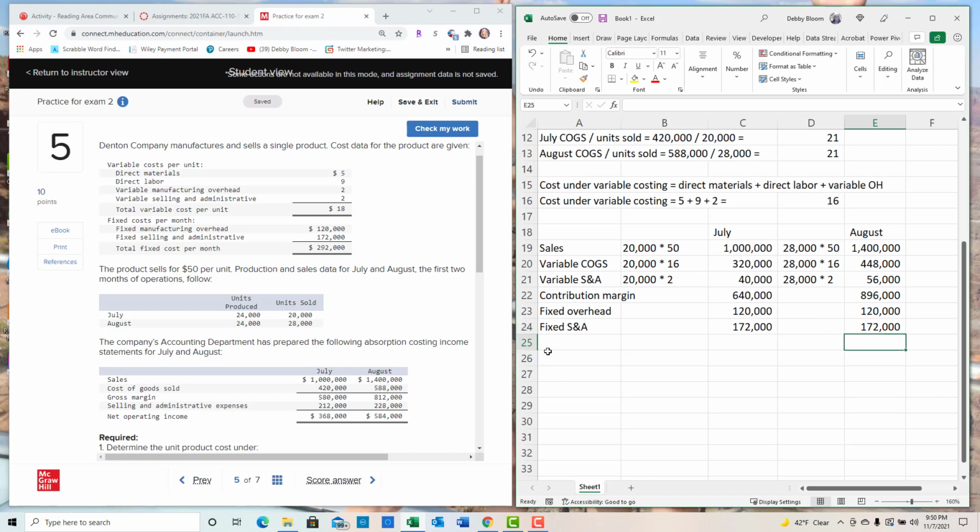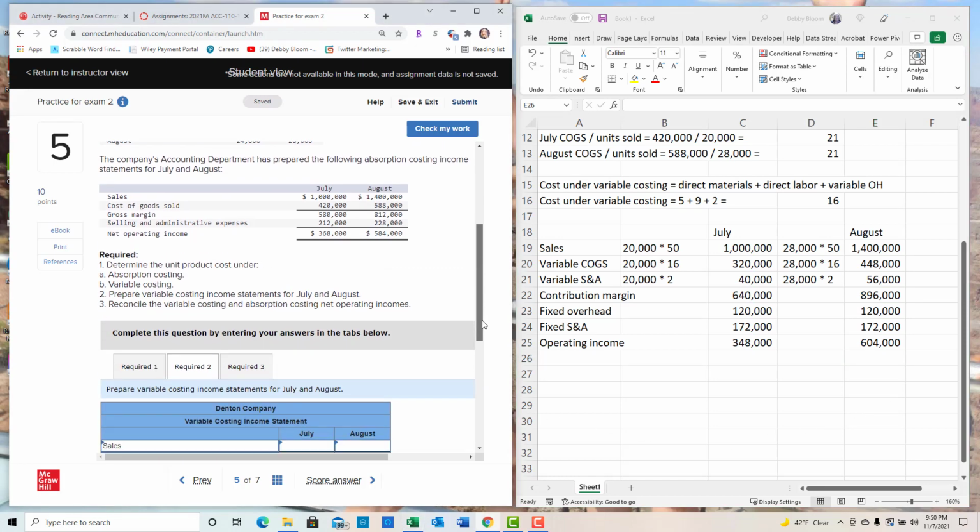And to calculate our operating income, we're just going to take our contribution margin, subtract our fixed overhead, and subtract our fixed selling and administrative. So we have 348,000 in July, and 896 minus 120 minus 172 gives us 604,000 in August.